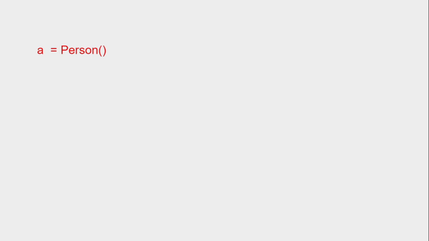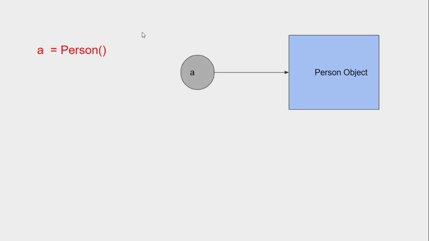Say I have a Person class, and in this variable a, I am assigning a Person object. I am creating an object of the Person class. In memory, somewhere a Person object is created, and then I create a variable a that references this Person object.